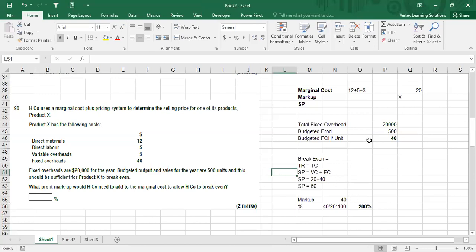You say, okay, $40 I need to recover. Total would be 60. 60 minus 20 divided by 20. So this is 40 by 20, or you can call it actually 60 minus 20. The answer would be the same. 60 minus 20 divided by 20 would give you 200%. This is the answer.